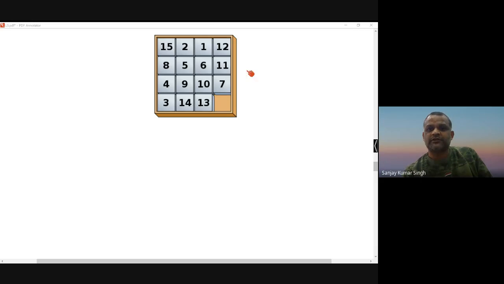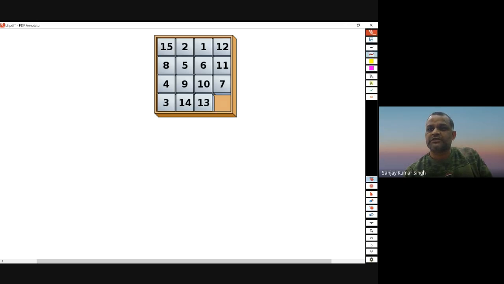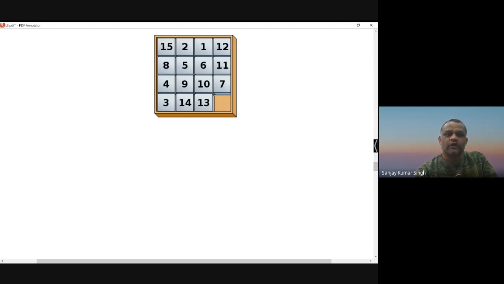Suppose my goal is to associate a permutation corresponding to this. I will write 1 and ask what is the image of 1. I will order it like this: 1, 2, 3, 4, 5, 6, 7, 8, 9, 10, 11, 12, 13, 14, 15. The image of 1 is 15. The image of 2 is 2.